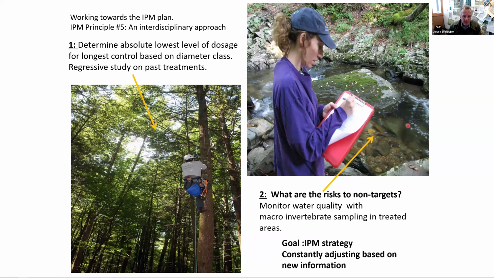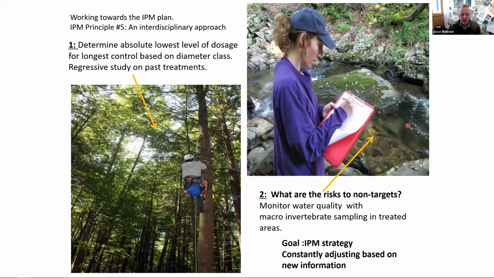Again, the chemical companies give you a broad range, and yeah, they want you to use as much as you possibly can, but we don't want any non-target impacts in the canopy, in the soil, in the stream system. So we've done the work.